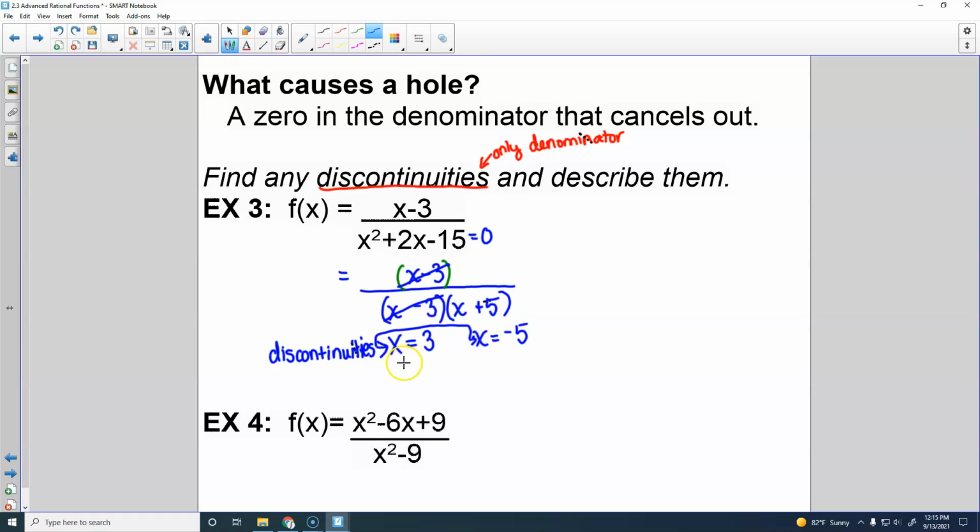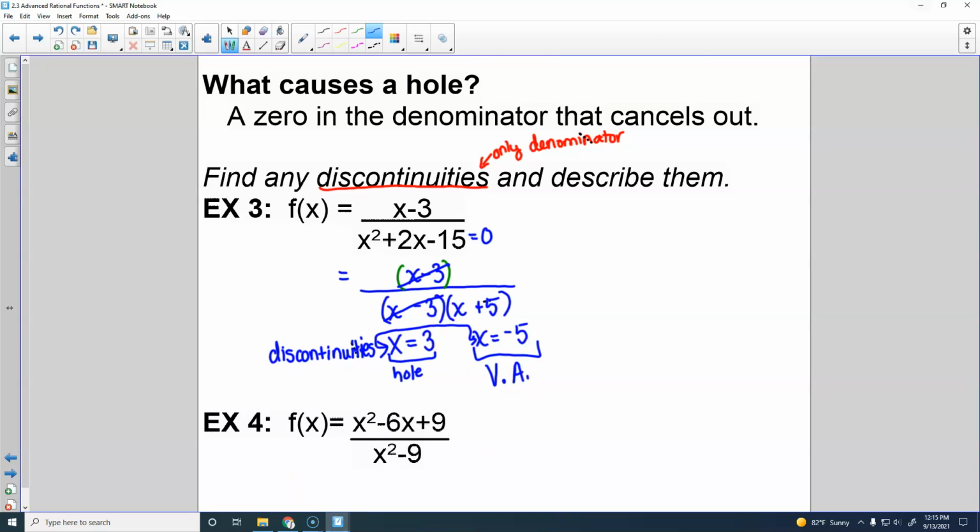If they cancel, you're going to say this one right here is a hole in the graph or point discontinuity. But this one over here did not cancel, so that's going to be where we have that vertical asymptote. If you want to use a VA for that, that's fine.